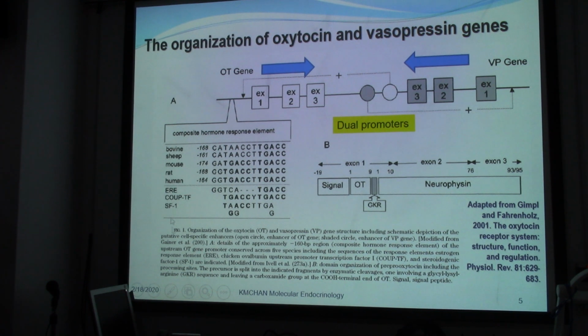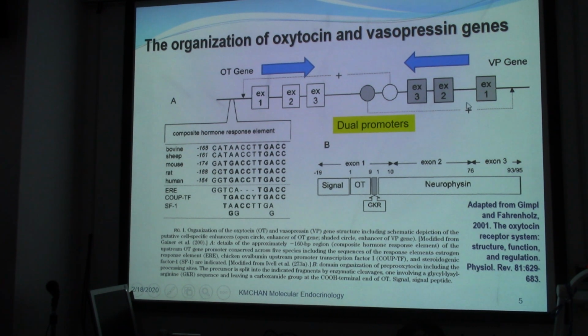So these regulatory elements are also for steroidogenic factor 1 or COUP transcription factor. COUP means chicken ovalbumin upstream promoter transcription factor. So these elements would open up the two genes, but they are actually under different promoters to control the expression of these two genes.